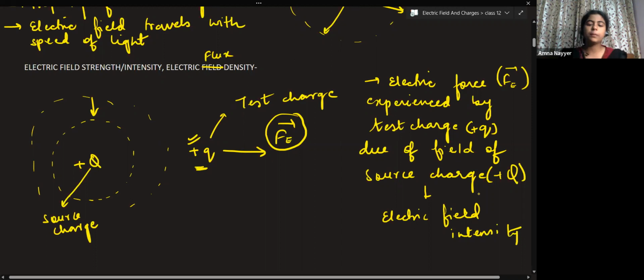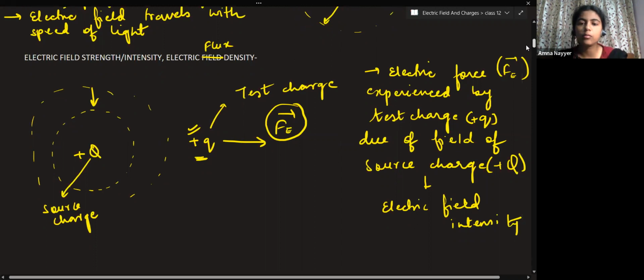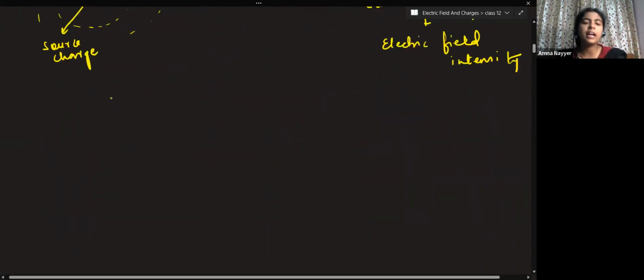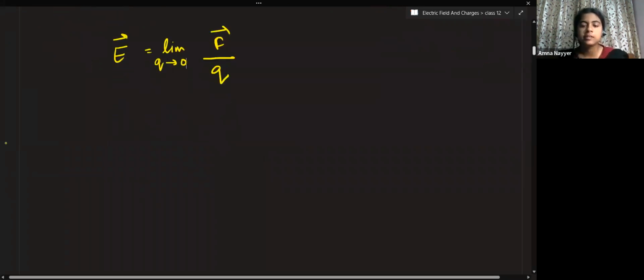To represent this mathematically, we can write that the electric field is the force experienced. This is the same force which we have studied in Coulomb's law, the electric force experienced by this test charge, and we write limit q tends to 0. Now what is meant by limit q tends to 0?